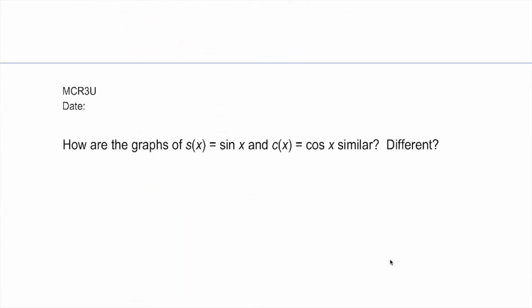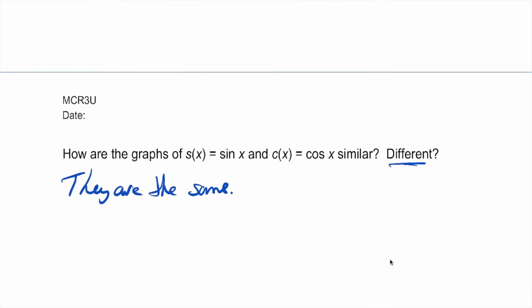So how are the graphs of sine and cosine similar, and how are they different? Well, in a nutshell, they're the same. And really, the only difference is that they're shifted left or right of one another. So you can think of they start at different points.